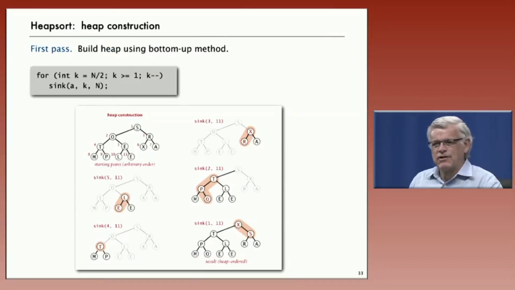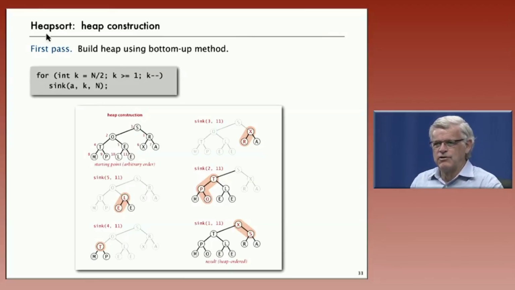Okay, this slide summarizes the code for heap construction, and as you can see, it's a one-liner. We go backwards through the heap, starting at n over 2, because the rightmost half of the array is just little heaps of size 1. We just go backwards doing a sink starting at k. So that's the first piece of code for heap ordering an array with arbitrary values.